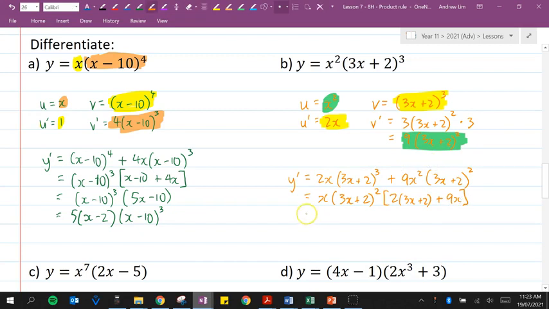Okay. So let's just tidy this up. We've got 2 times 3x is 6x, plus 9x is 15x, and 2 times 2 is 4.